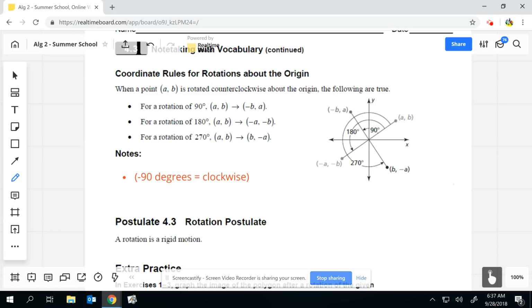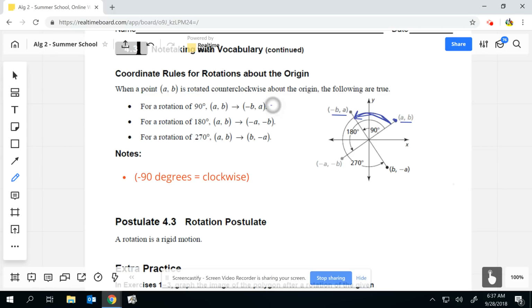So if you're taking a shape, let's say this dot right here, and you're rotating it 90 degrees. Okay, 90 degrees, and that is counterclockwise. So we're going this direction. If you start at (A, B), it's going to become (negative B, A). You can see that 90 degrees right there is (negative B, A).